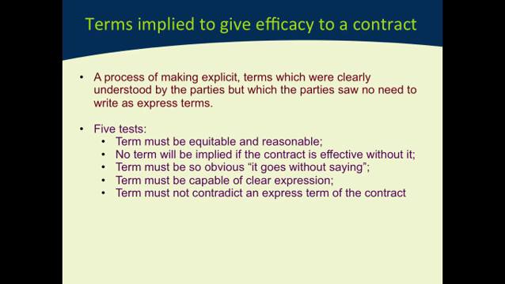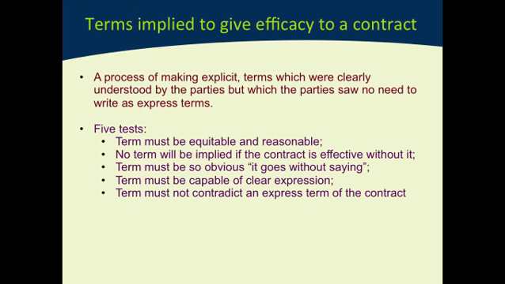Okay, that's a bit harsh of an expectation upon the courts. The courts will only imply terms into a contract if the courts consider that those terms are going to be equitable and reasonable. If the parties want to have inequitable or unreasonable terms in their contract, they need to put them in there themselves as express terms.